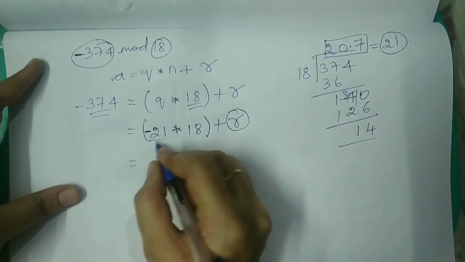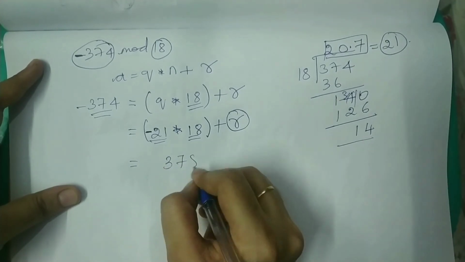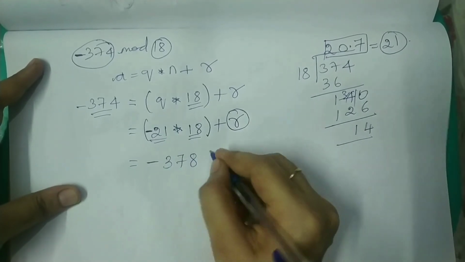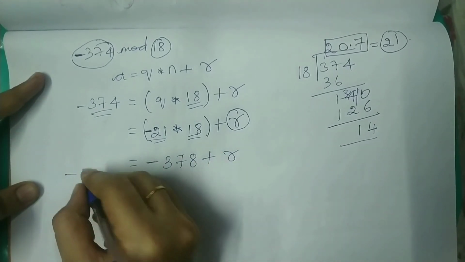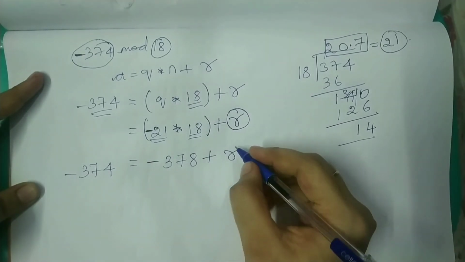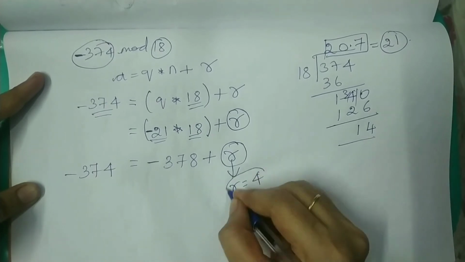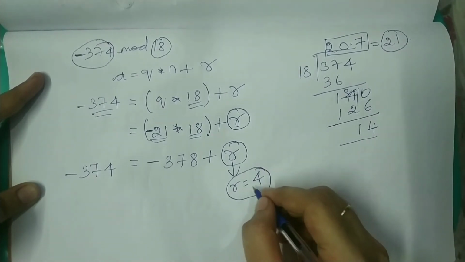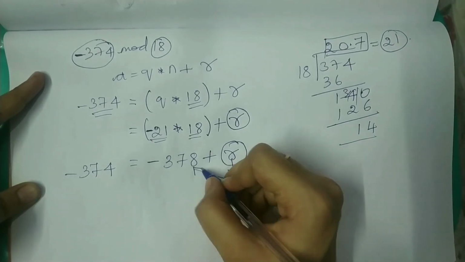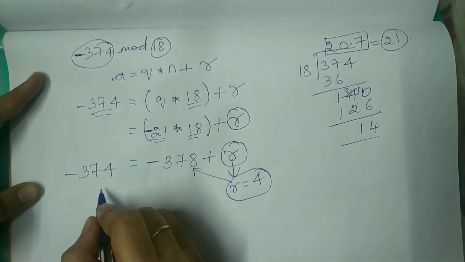When I multiply 21 and 18, I'll be getting the answer as 378, and minus is already there in the question, so I should write minus 378, plus R is equal to minus 374. Only if the R's value is 4, when I add this with minus 378, I'll get the answer as minus 374.